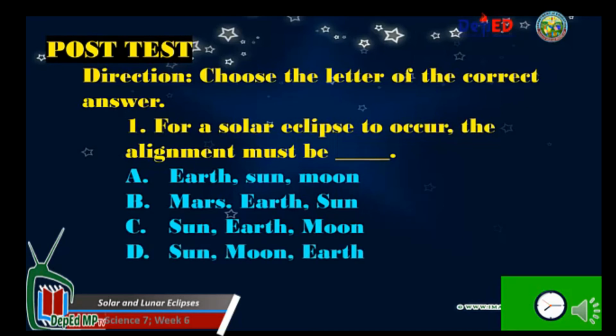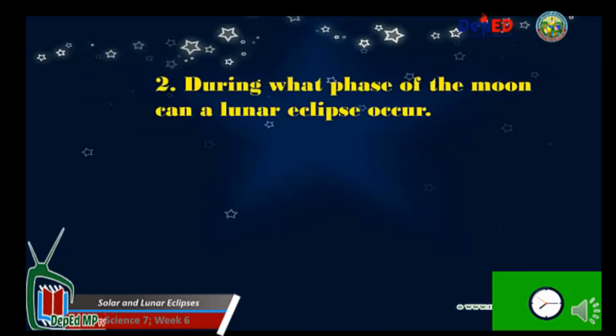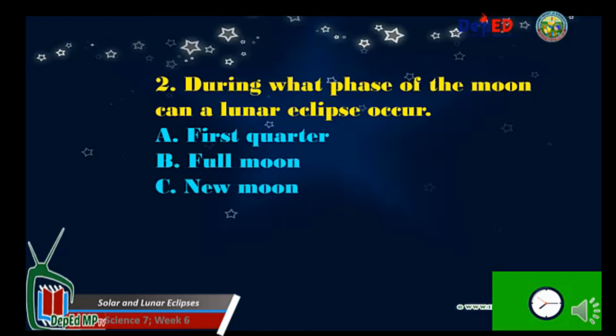D. Sun, Moon, Earth. Number 2. During what phase of the moon can a lunar eclipse occur? A. First quarter. B. Full moon. C. New moon. D. Waxing gibbous.